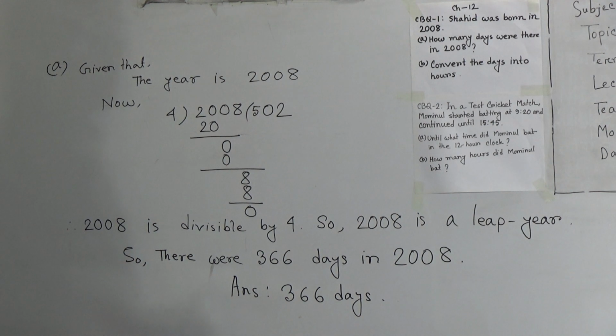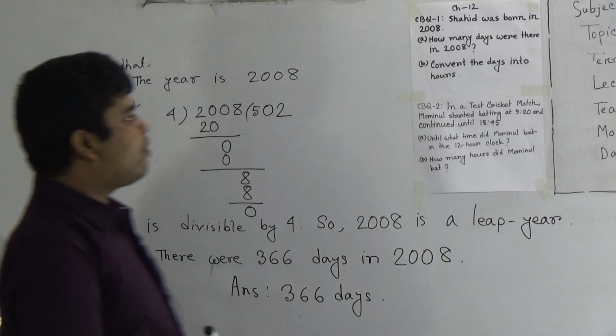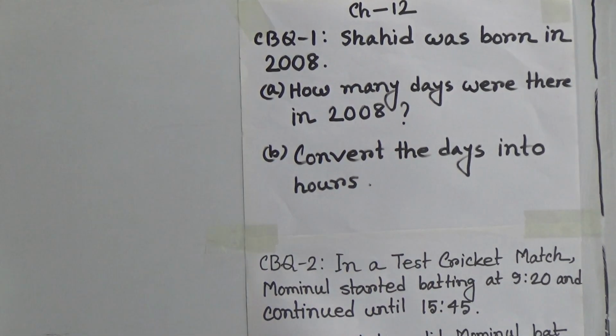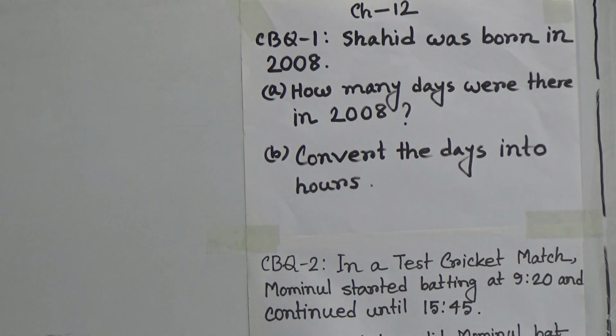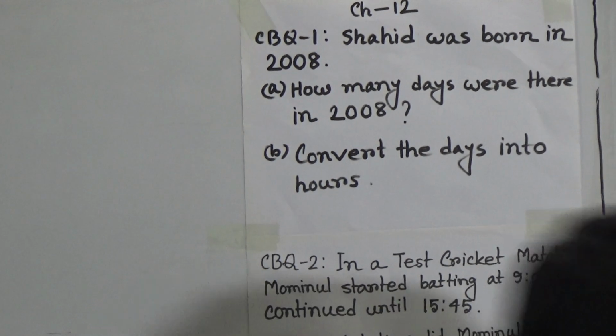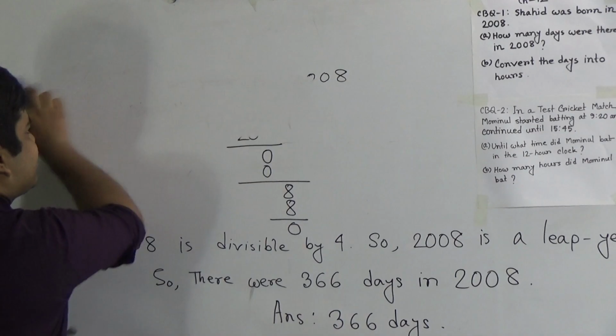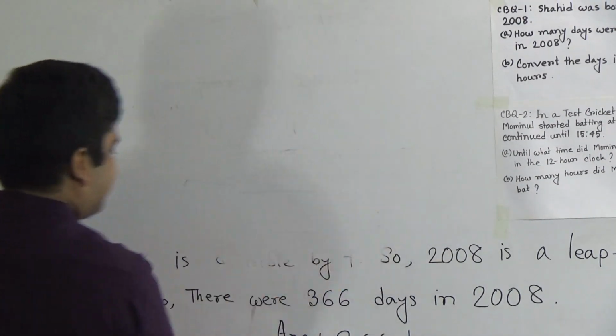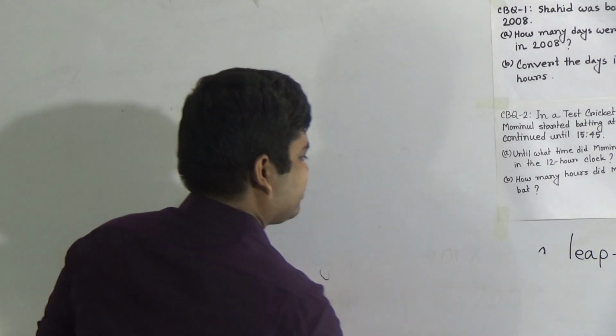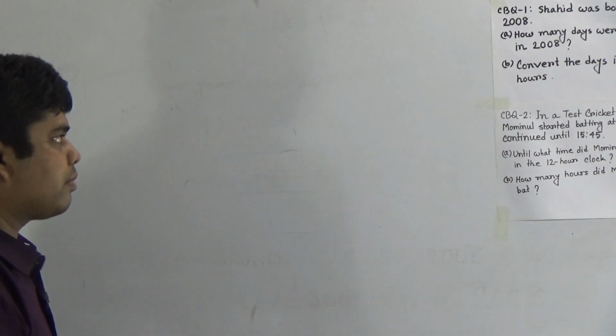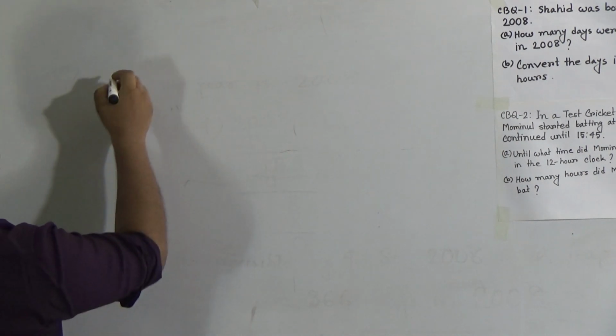And our next question, convert the days into hours. That means in 2008 how many days are there? There are 366 days. We want to convert these days into hours and we get the answer of question number B. So we erase this and start to solve question number B. Okay, B number question.